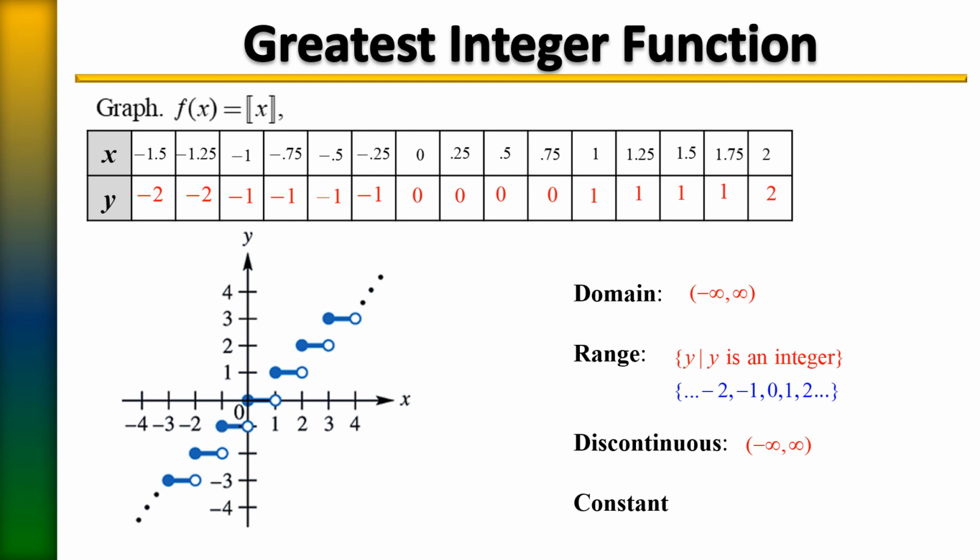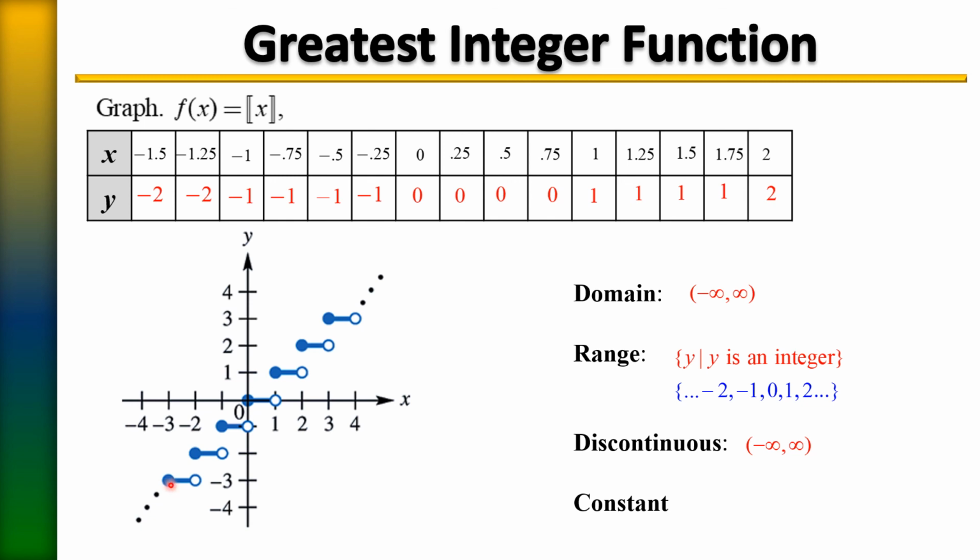Now let's look for places where it's constant, where it remains the same. Of course the graph goes from negative infinity to positive infinity. Let's take a look at just this section of the graph on the screen.